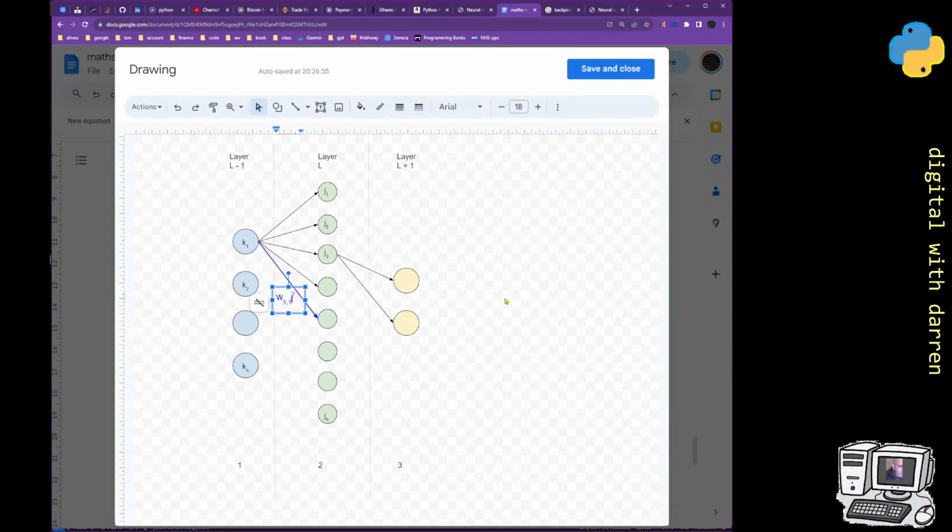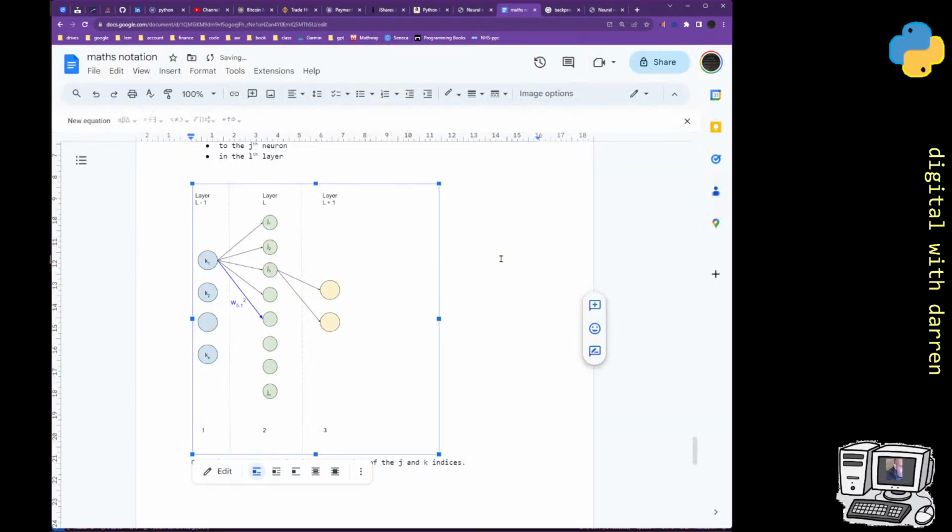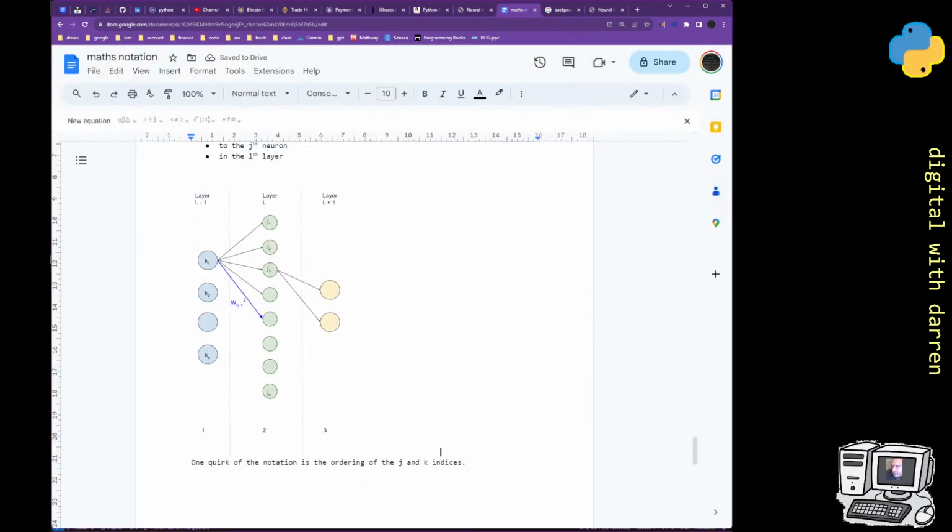That's the way round that it's going. So there we go, learning our notation. So 5 is referring to 1, 2, 3, 4, 5. And really, I should have coloured that 5 in red. There we go.